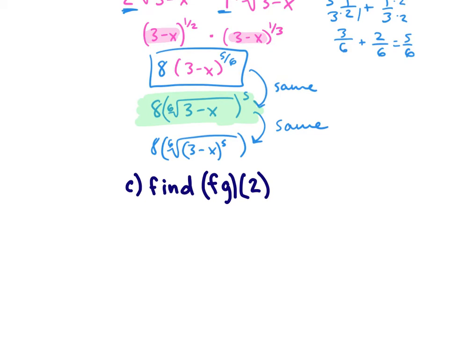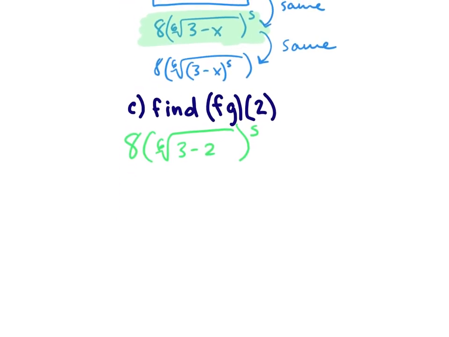But I just like working with square roots rather than a fraction in my exponent, because I would change the index to be out front anyway. So I'm going to plug it into this green one here. So we have 8 times the 6th root of 3 minus 2 to the 5th power. What do we have to do first to solve?